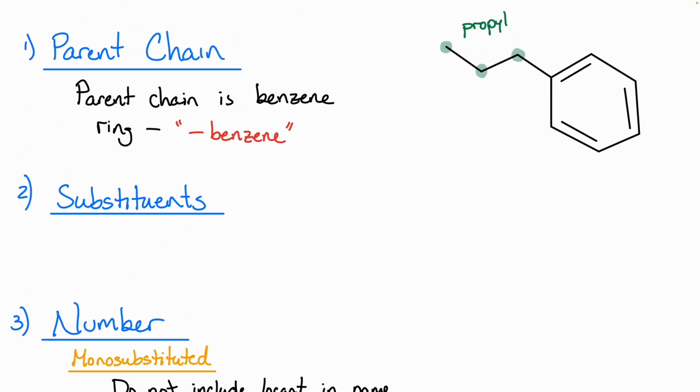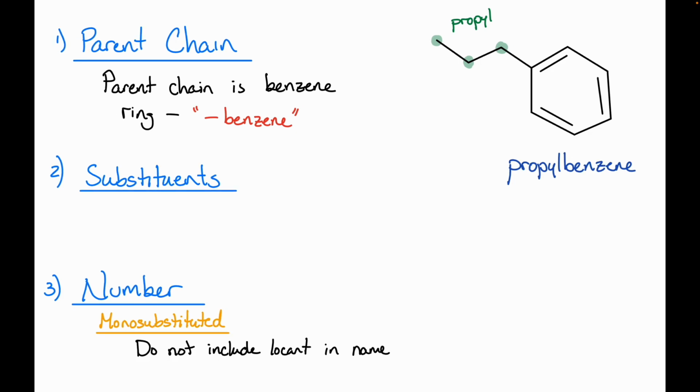So you wouldn't bother calling this 1-propylbenzene. This is just propylbenzene. All right, let's just do 2 more examples real quick, and then we'll close it off there.